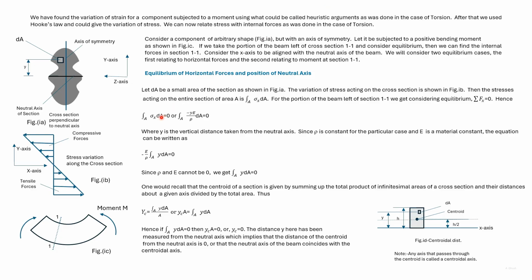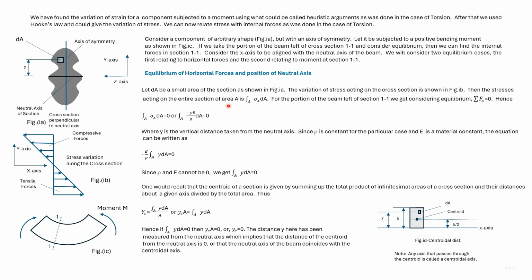We earlier found out that sigma x can be given as minus y into E divided by rho. The z direction is the direction of the neutral axis of the section, and the y direction is the direction of the axis of symmetry.